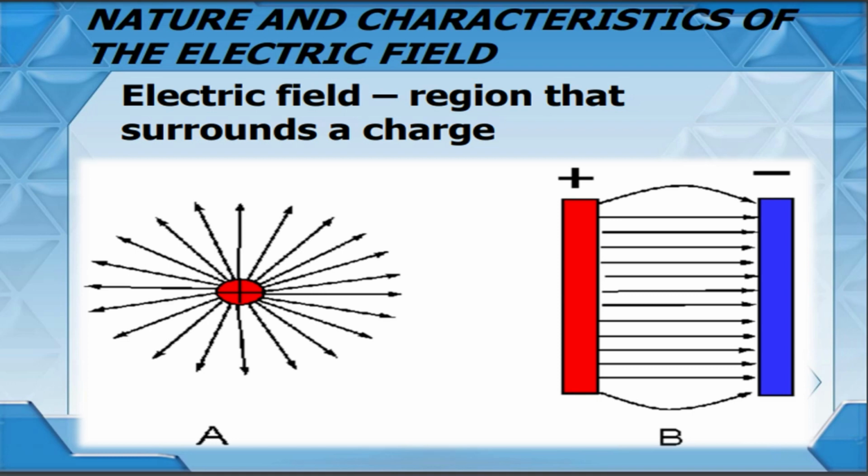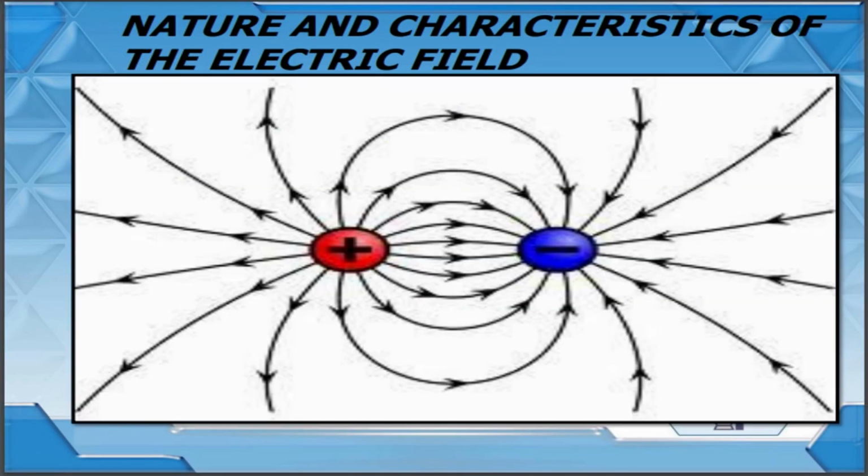Well, for letter B, as you can see, the positive terminal here is trying to reach out to the negative terminal because that is the way or the process of moving of electrons. So from the positive terminal going to the negative terminal. The main essence of having this picture is for us to show that positive charge ions are trying to reach the negatively charged, and therefore the spectra of lines here of electrons are known to be the electric field.